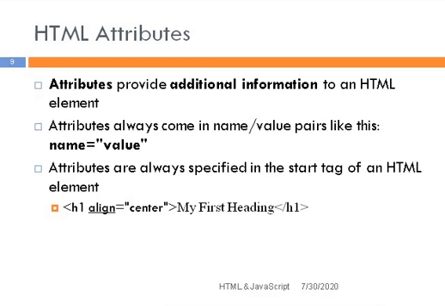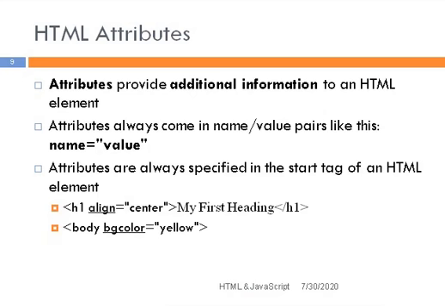Attribute name is align and it has a value center. Okay. So this h1 tag will be aligned in the center of your screen or the web page. Okay. With this attribute you can align the h1 tag in the center. The heading is my first heading. Then what will be the output? My first heading. This heading will be displayed in the center of your web page.